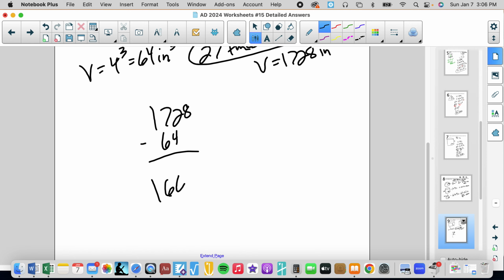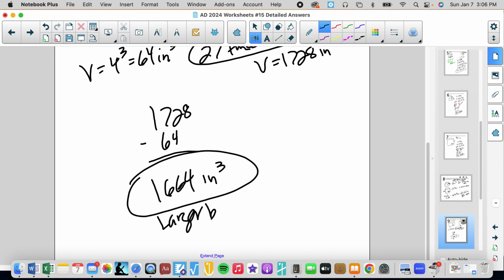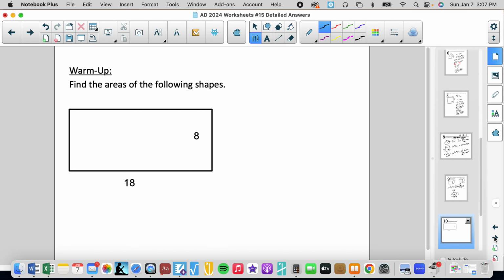So it's bigger by cubic inches. So it's larger by 1,664 cubic inches. It's a weird question because they want to know the times bigger.